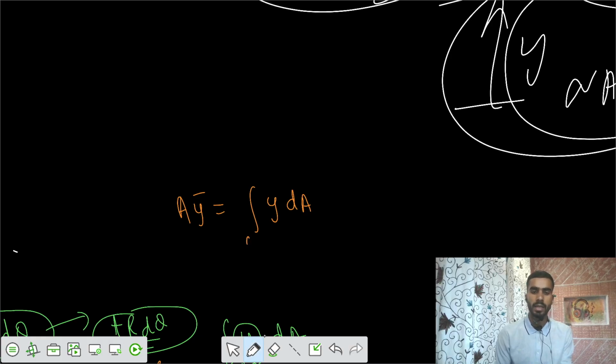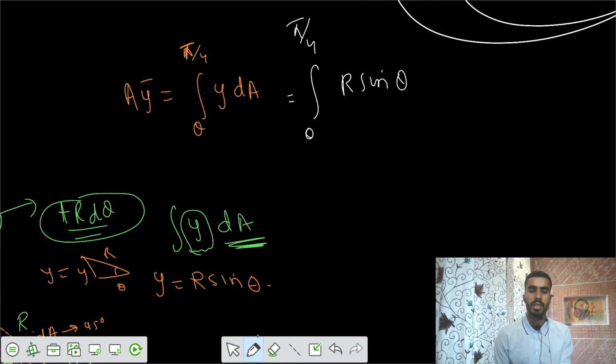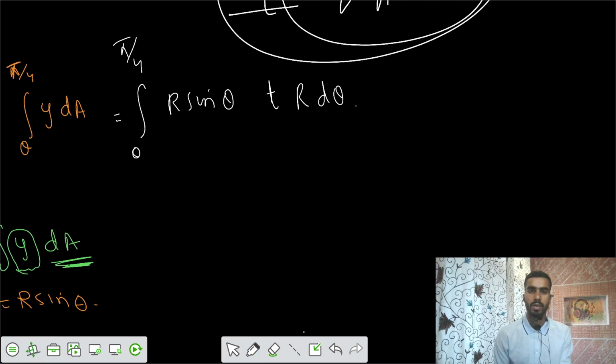So I can write theta to 45, that's pi by 4. Now you substitute the values of y and dA. So I have to solve the integral from theta to pi by 4, y is R sine theta, and dA equals d R d theta. So you solve this one.